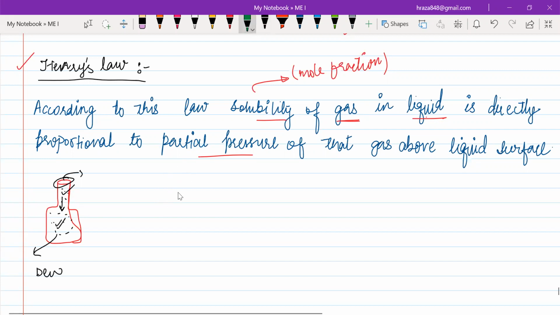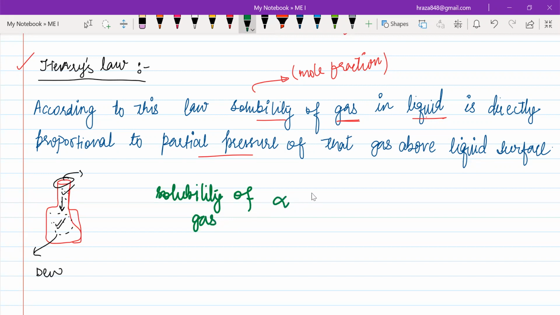So we can directly write: solubility of gas is directly proportional to the partial pressure of that gas above the liquid surface.